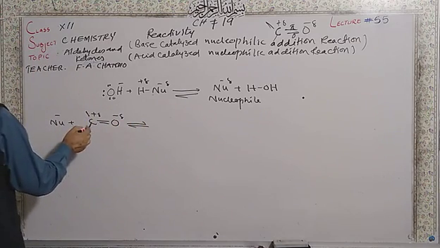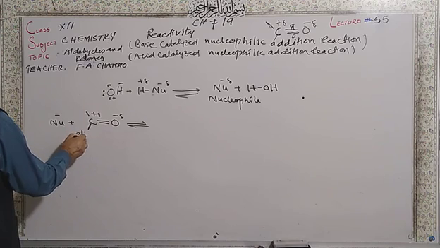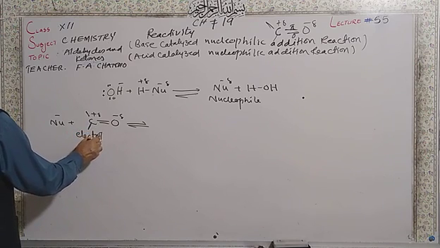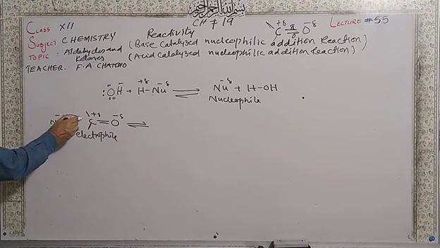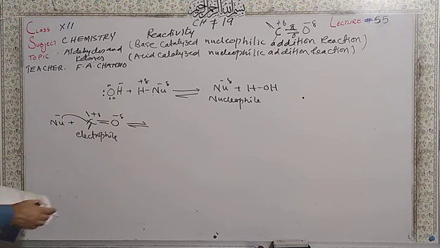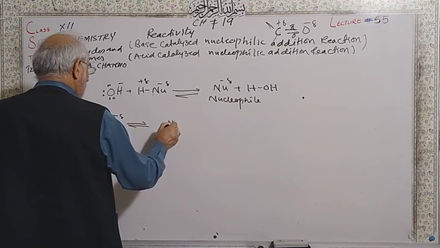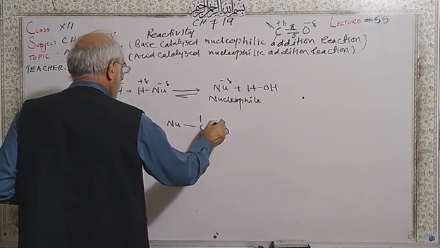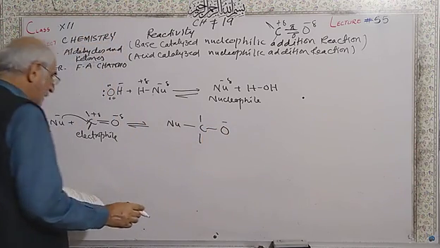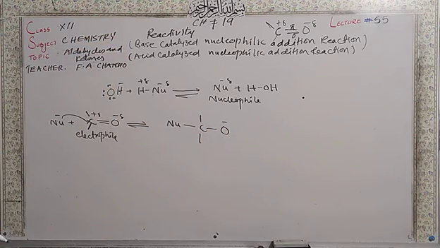This is the electrophile carbon, and a nucleophile always attacks the electrophile, so you will get the intermediate product. The valency of oxygen is not satisfied. A negative charge is created on the oxygen because the valency is not satisfied.